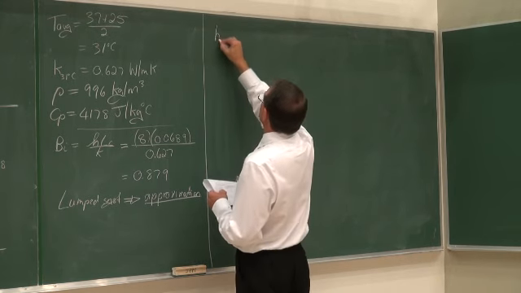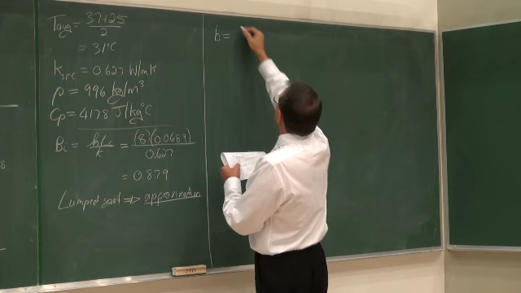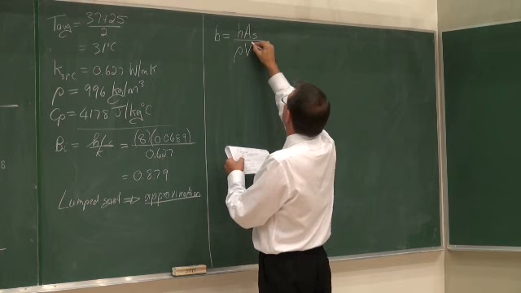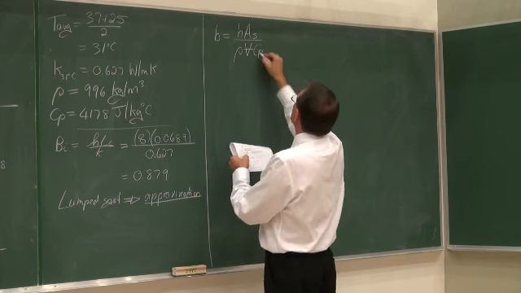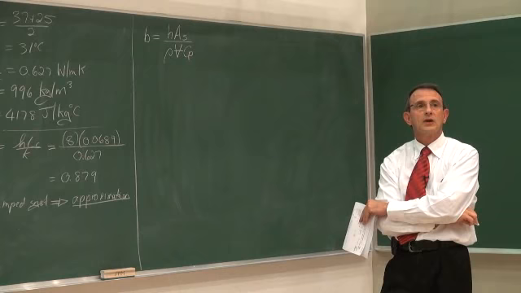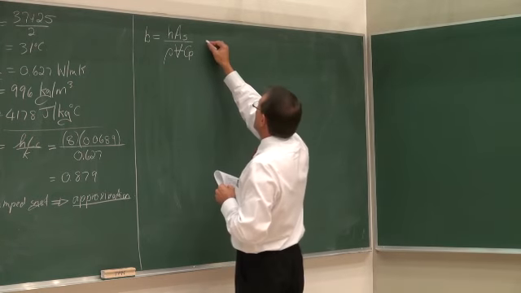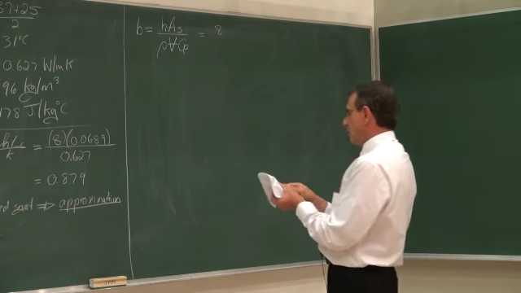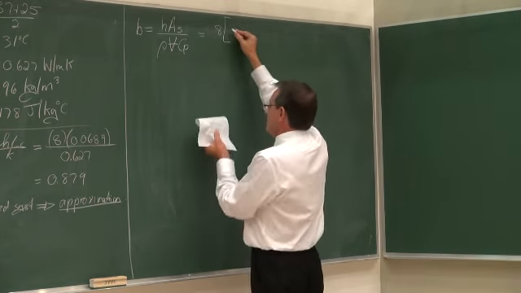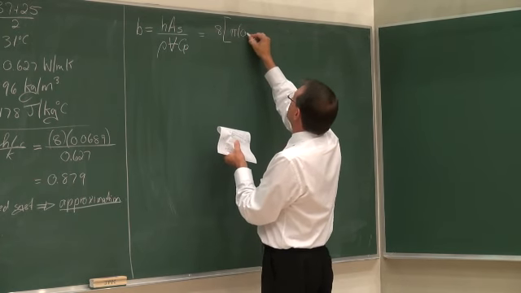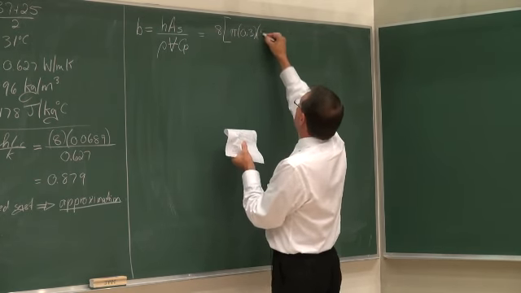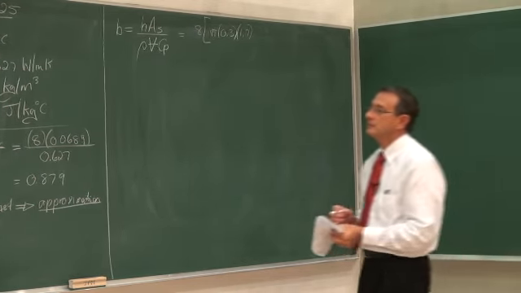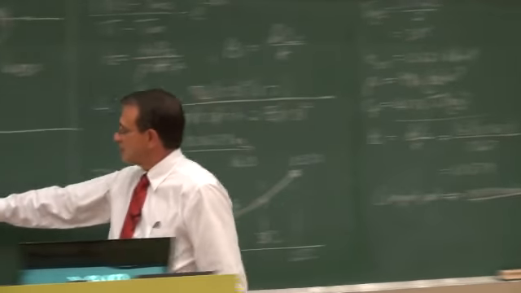Okay, let's calculate the time constant B, which is equal to h multiplied by the surface area divided by rho V Cp. That is equal to the heat transfer coefficient, which is 8, multiplied by the surface area, which is pi multiplied by the diameter multiplied by the length, the first surface of the cylinder, this surface here.